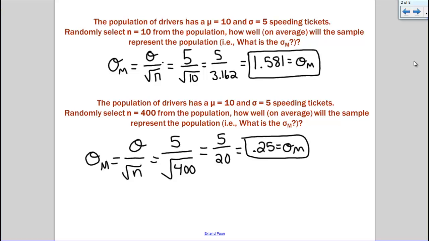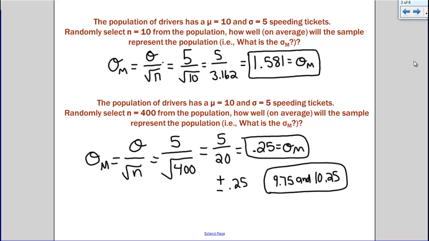So in this example, with a sample of 400 drivers, our estimate of the population mean of speeding tickets based on the sample would be off, on average, by plus or minus 0.25 speeding tickets. So we would expect it to be anywhere between 10 minus 0.25, so 9.75, and 10.25 speeding tickets.